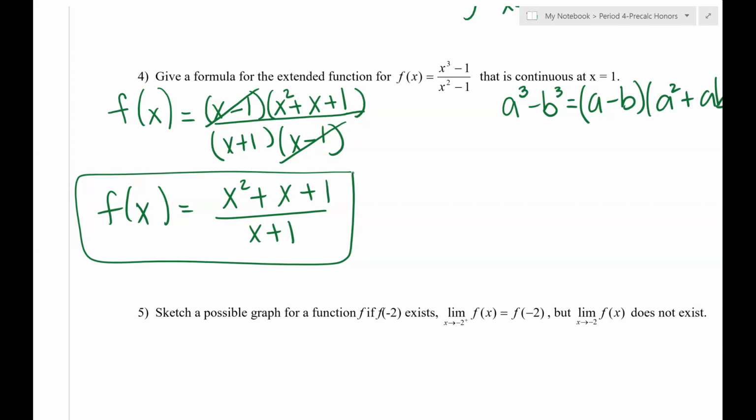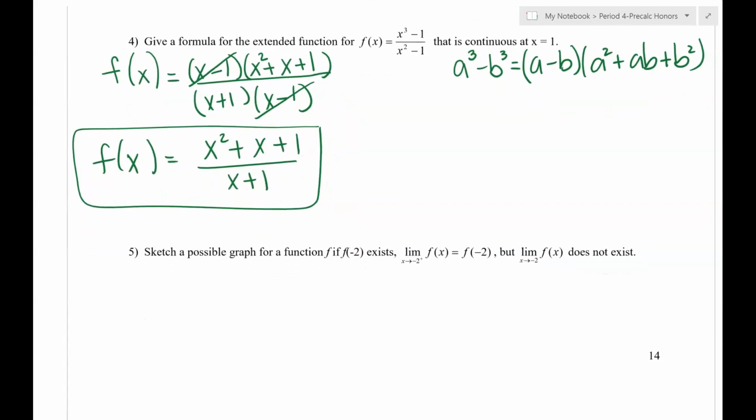Do you guys agree? Eons ago, just last year. Yeah, we just have to enter in our 1 and then get the y value. And that's all that is.